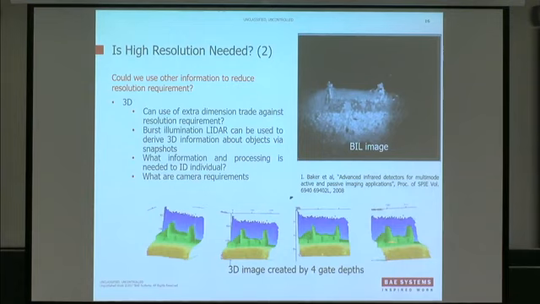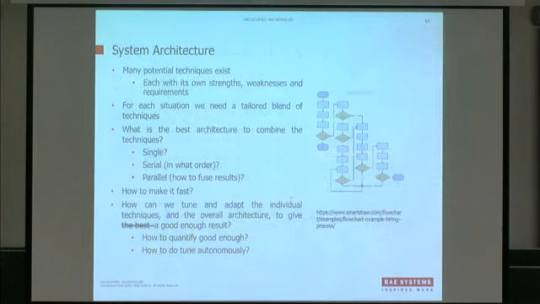Now there are ways to make it far more resolved without having to take multiple pictures. But if you can get 3D definition, do you still need the same resolution in the XY plane if you've got some information in the Z plane as well? So that open question may have some benefit, may not.